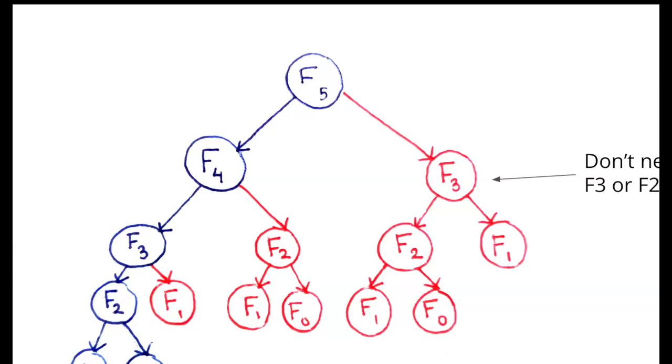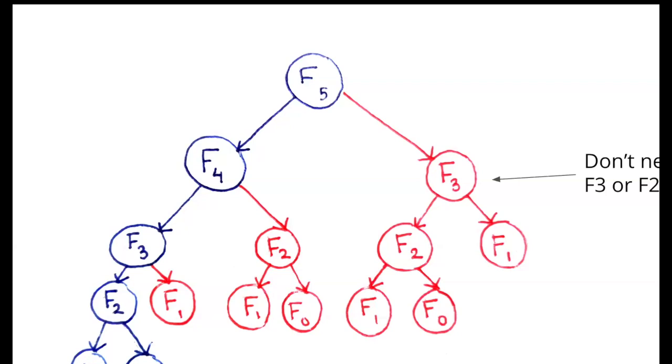So here we compute the fifth Fibonacci number using 4 and 3, but in order to compute 4, you need 3 and 2, and in order to compute 3, you need 2 and 1, and from 2, you need 1 and 0. So from 1 and 0, you compute 2, and then you save 2 somewhere, and then compute 3, and you already know what 1 is because that's just 1, and then you store 3 somewhere, usually in some kind of array.